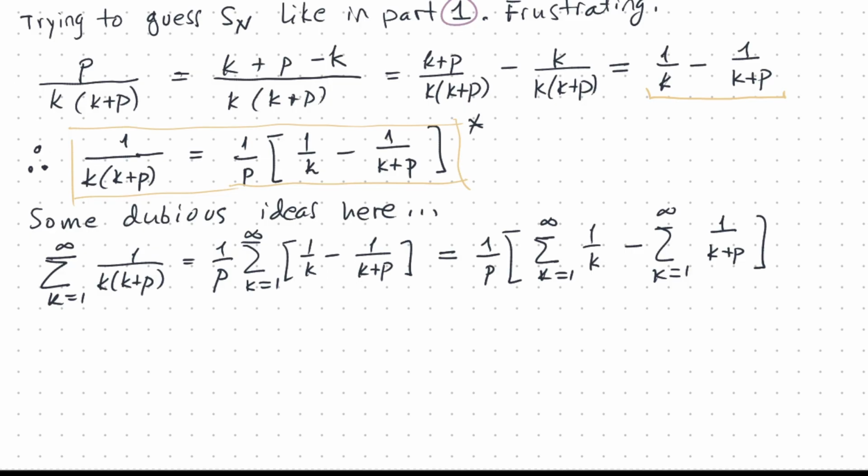Here's my way of thinking about this. This term is positive, and this is an absolutely convergent series, because we know that the original S series converges and this one converges, so we know this converges.